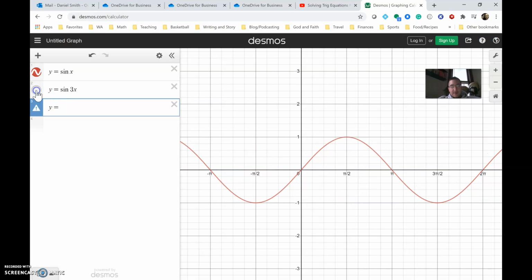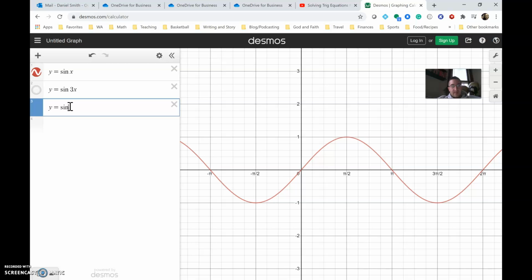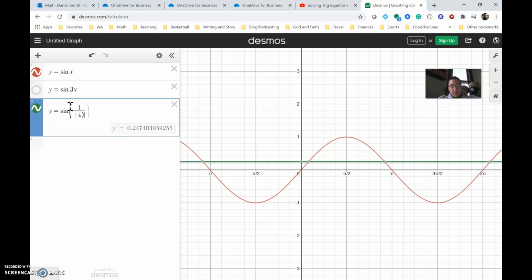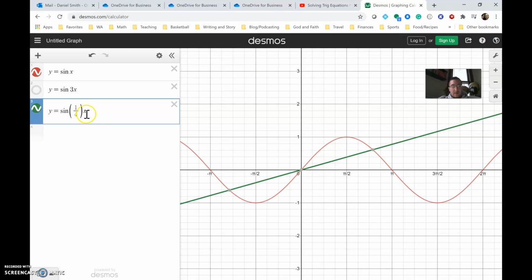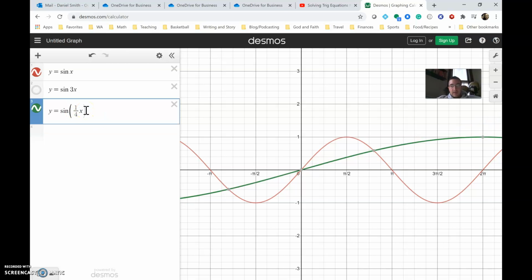Other problems, let's turn that one off. Let's do one that's going to have less answers. Let's do a 1/4, just like in the example. Sine of 1/4. Desmos doesn't like that. Whoops, I need to put the x inside there. My bad. Look at that.